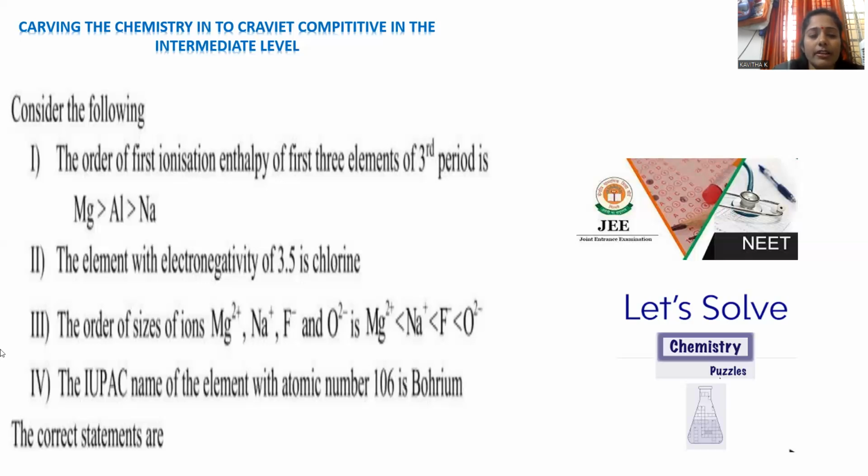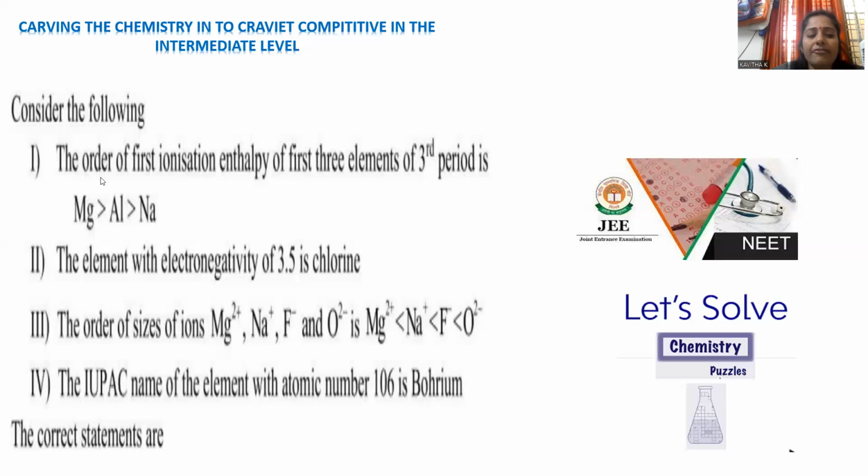In accordance with that, sodium is the main group element 1, magnesium is the main group element 2, aluminum is the main group element 3. So we would go for aluminum as the highest, next magnesium, next sodium. But in the practical sense, magnesium will come over aluminum. That is because magnesium has NS2 as the valence shell configuration, which is completely filled.